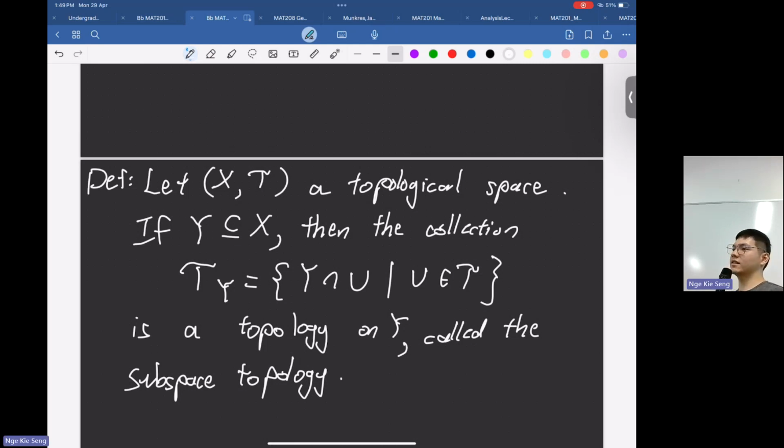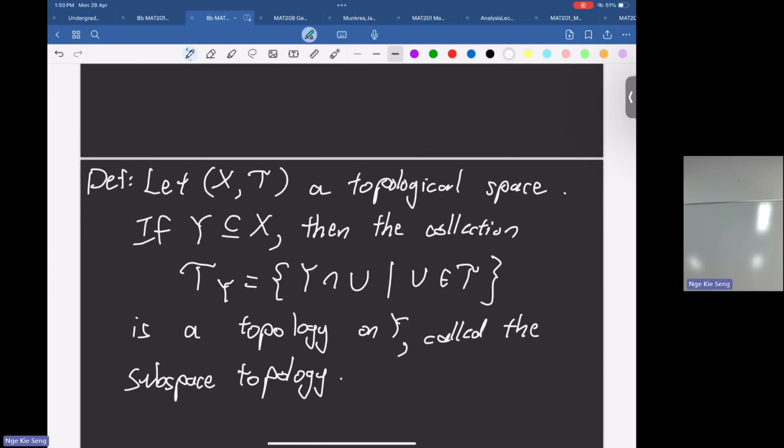You need to check finite intersection is still in there. If you take Y intersect U1, Y intersect U2, Y intersect U3, and take the intersection of all these, what are these?